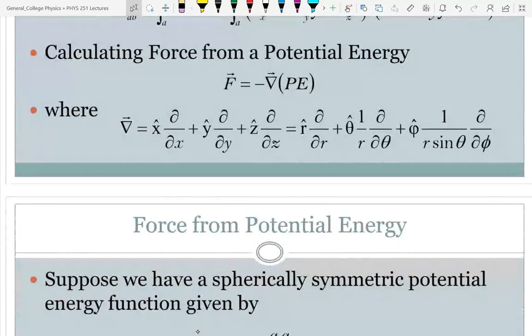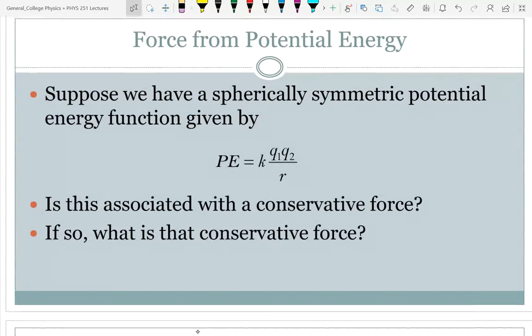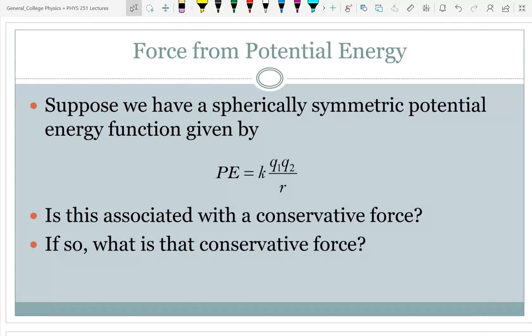All right. First, suppose we have a spherically symmetric potential energy function given by this function here. Question number 1, is this associated with a conservative force? I'm glad I asked.